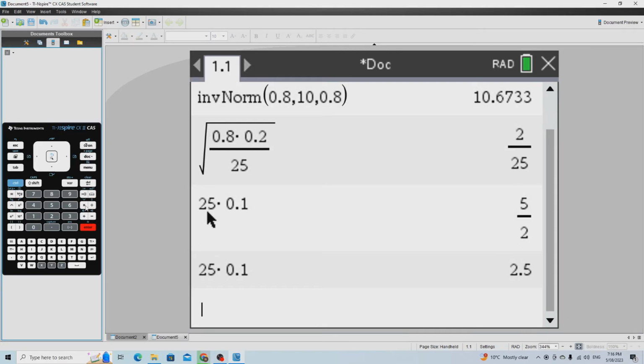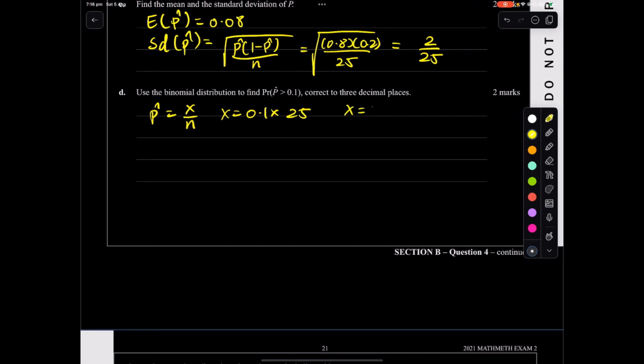So our x value is 2.5, which is equal to 3, by the way. It's binomial. There's no decimal places in binomial. Yeah, which is close to 3. The closest is 3. So this can be written as the probability as x is greater than 3.